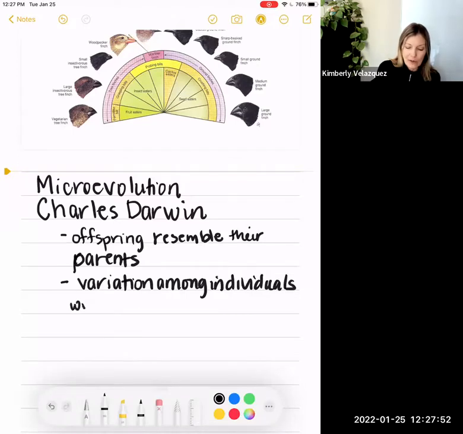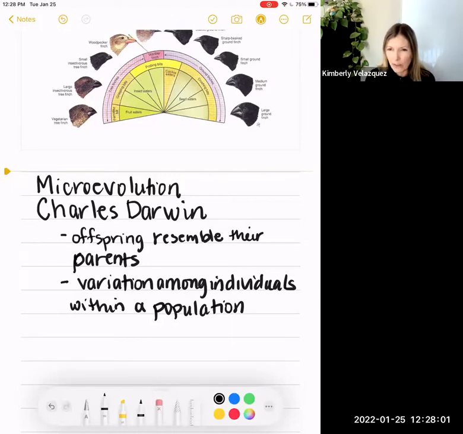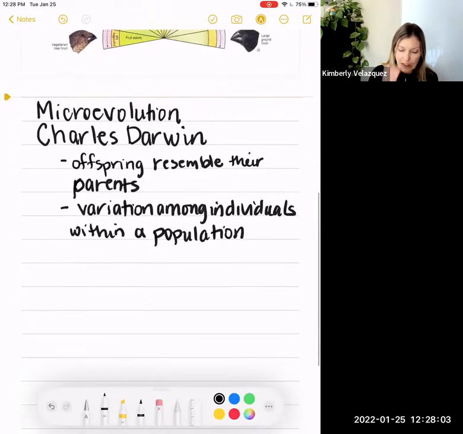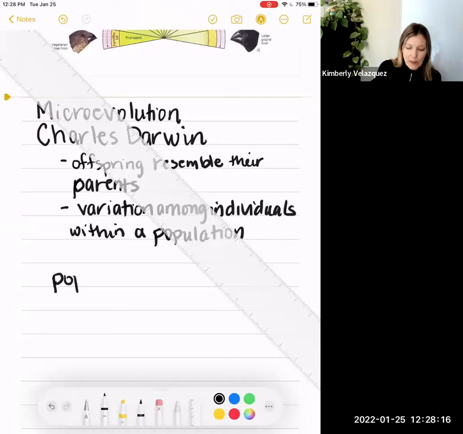Not everyone has the same traits, even if they're in the same population. Remember, a population is a really important unit of study in evolution because that's the level at which evolution occurs. We talked about this a little bit in one of the earlier lectures, but I'm going to really stress that today. First, important to redefine a population.